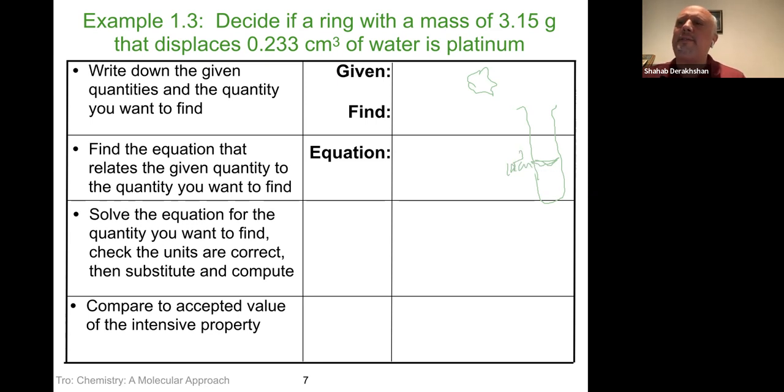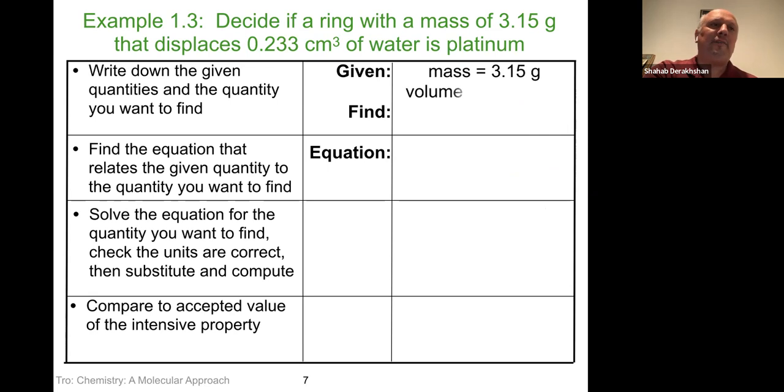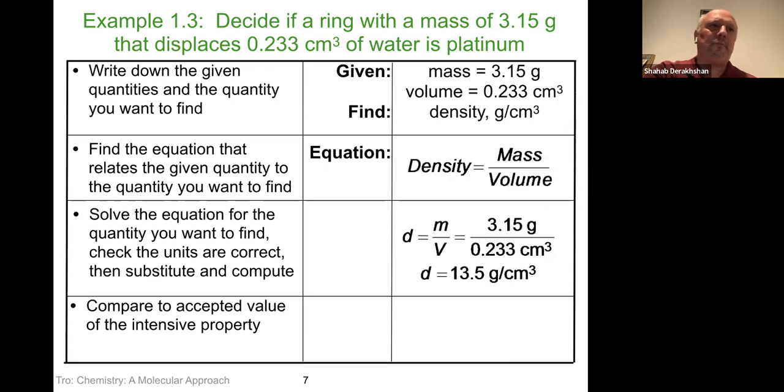By dropping that object in here, the level goes up, and you measure this added volume, which is related to this volume, basically. So we know the mass, we know the volume, we can solve the problem and get the density of the object we are interested in.